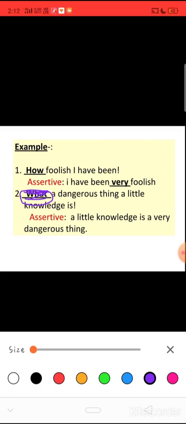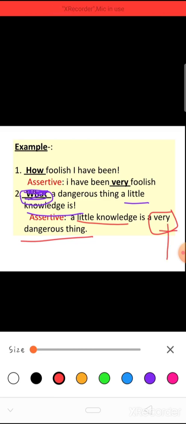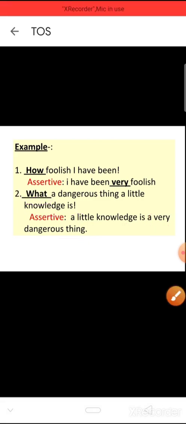After reading the sentence, we get to know that the subject is a little knowledge. So first we will write the subject, a little knowledge. Now the helping verb is, because it is said in rule number 1 that before any adjective we have to add the word very. So we are adding very before the adjective, that is dangerous thing, and now the sentence becomes, a little knowledge is a very dangerous thing.